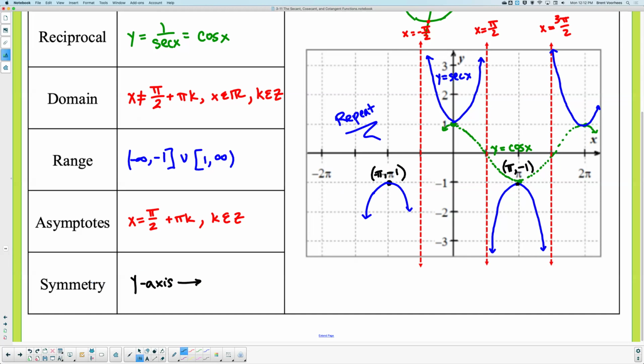And if it's symmetric with regard to the y-axis, that means it's an even function. When you compare the points, to be an even function, negative x comma y corresponds to positive x comma y. Whether x is positive or negative, you get the same y value either way. That's what it means to be even.